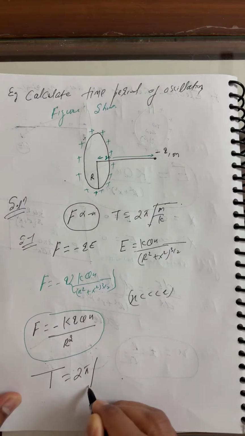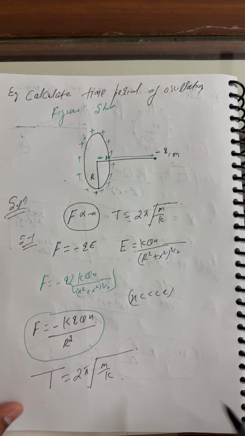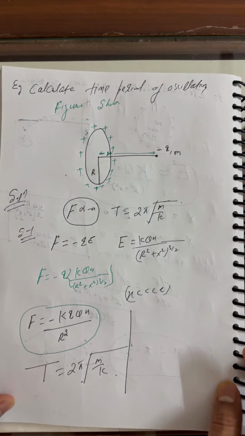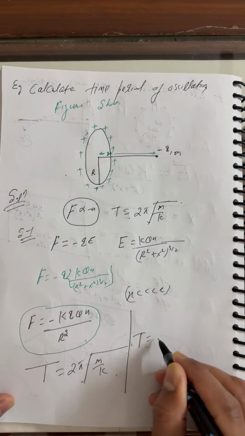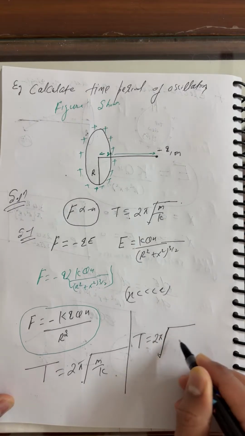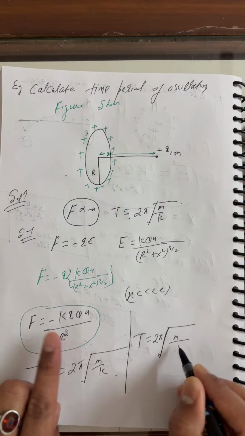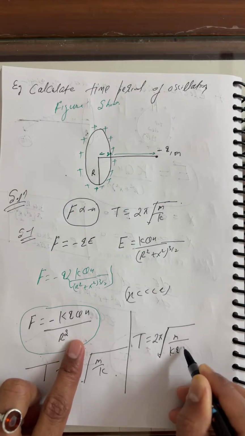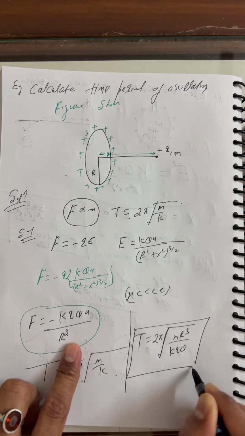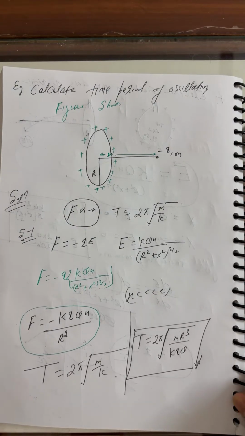This is 2 pi under root m by k, where k is this entire term. So finally, students, you can write the answer for this question: T is equal to 2 pi root of m r cube upon kQq. This is the answer for this question.